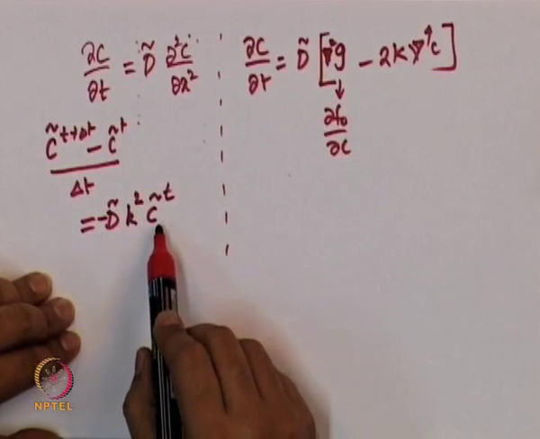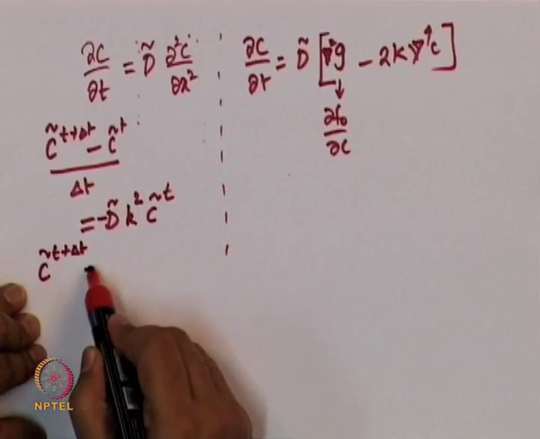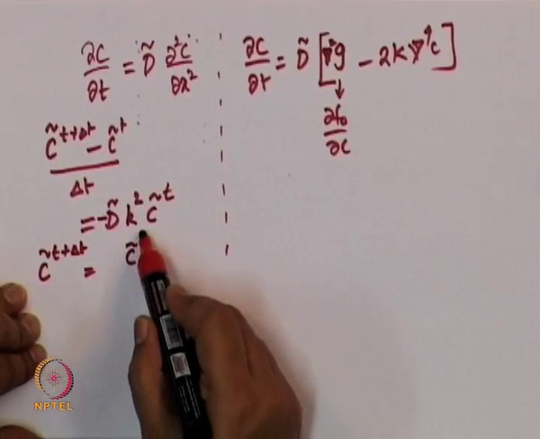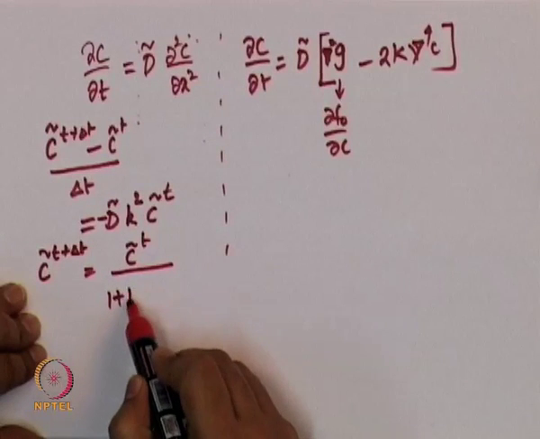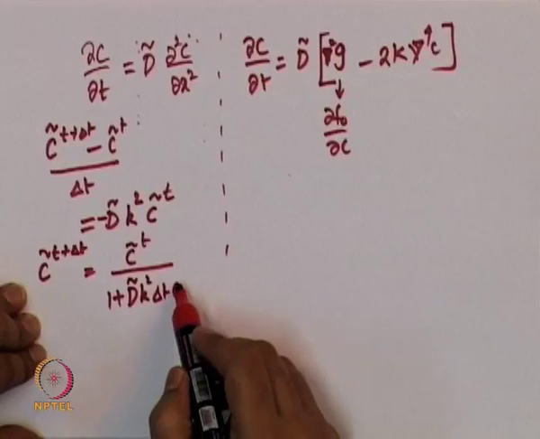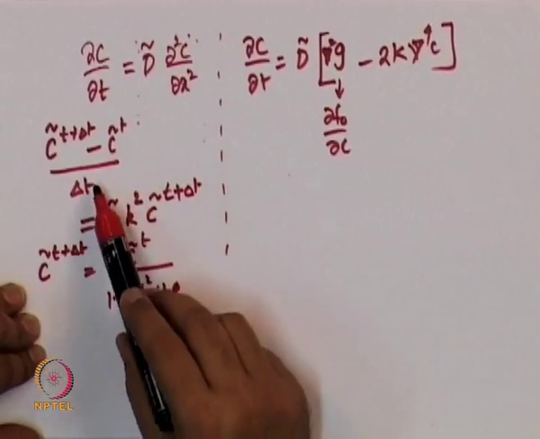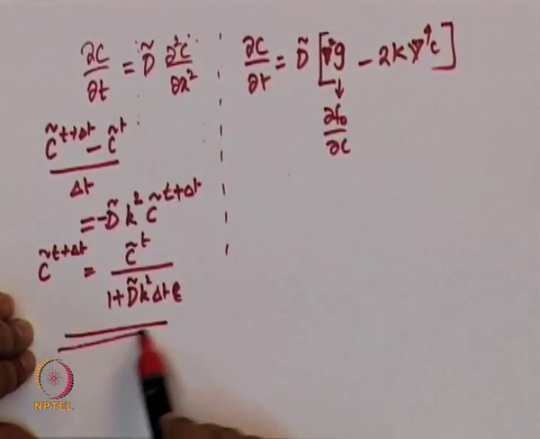So, you can then write c tilde t plus delta t as nothing but c tilde t by 1 plus d tilde k square delta t. So, this can be at t plus delta t. So, this can go, and that is how you evolve the solution.